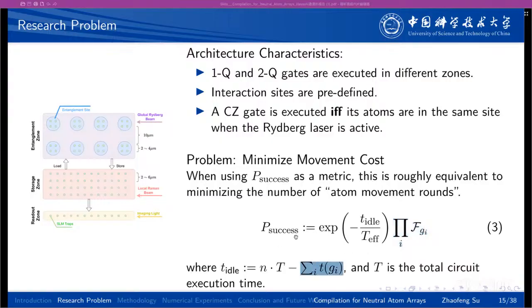So to optimize this metric, it is to optimize the total time t. The total time t is related to the atom movement rounds. So this is the key we consider to optimize: to have the atom movement rounds as few as possible.